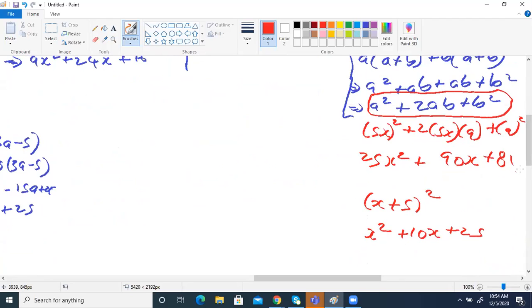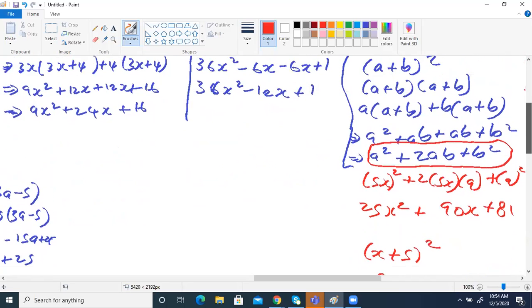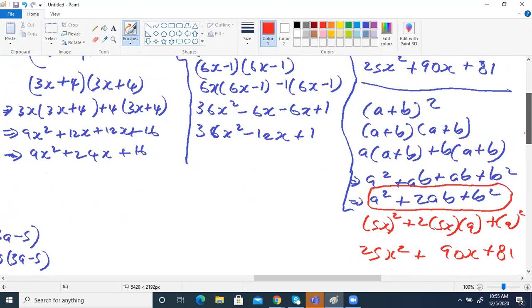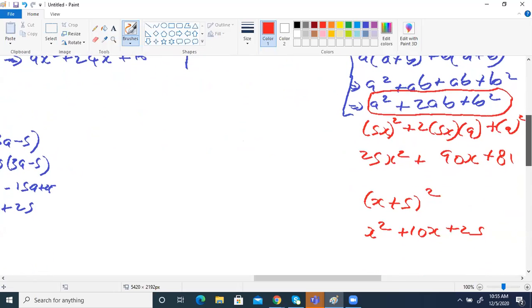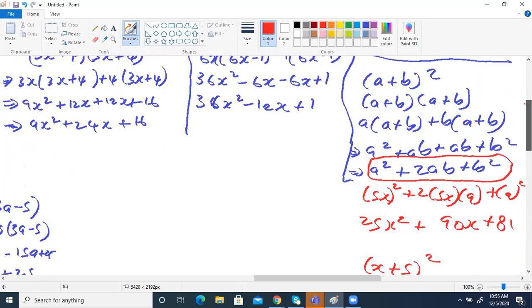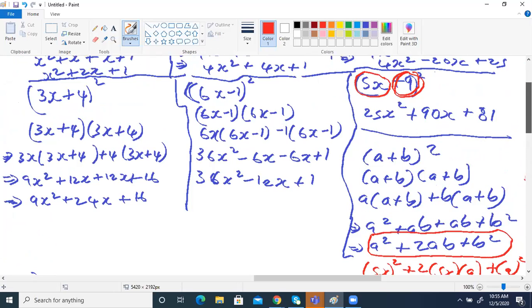This is helpful in multiple choice, where you go through it real quick. But work it the way you're most comfortable with, because the aim is to get it right. Of course, in paper two you should show the working. Yes, sir.